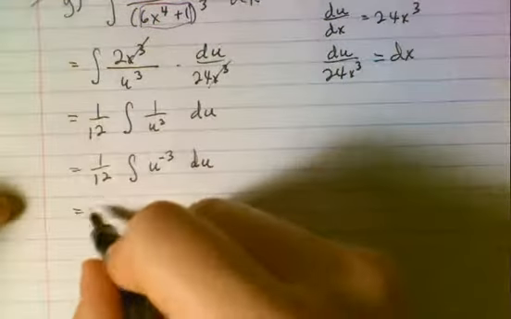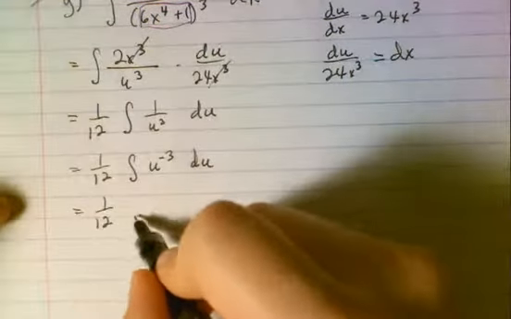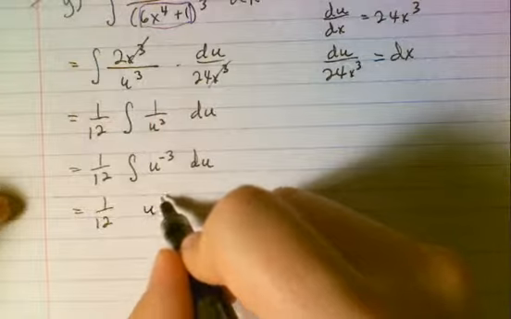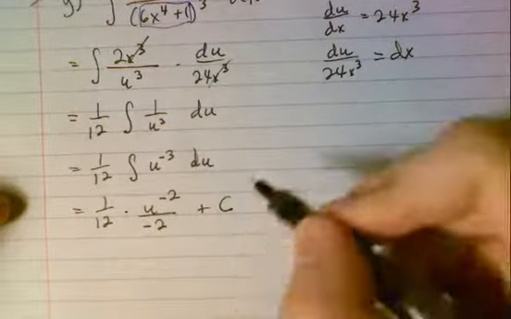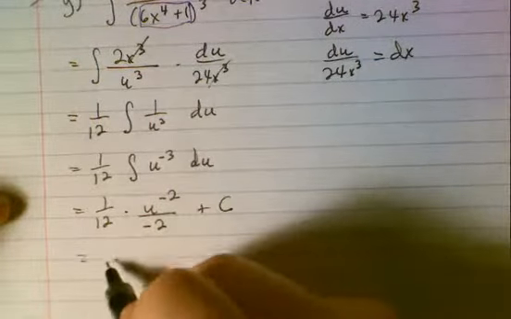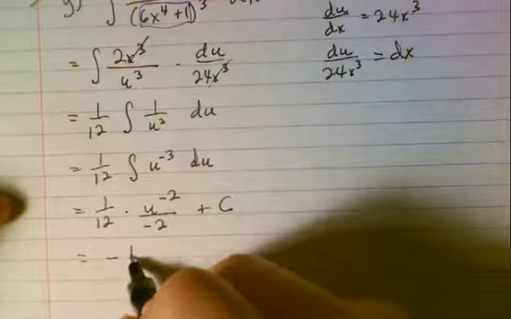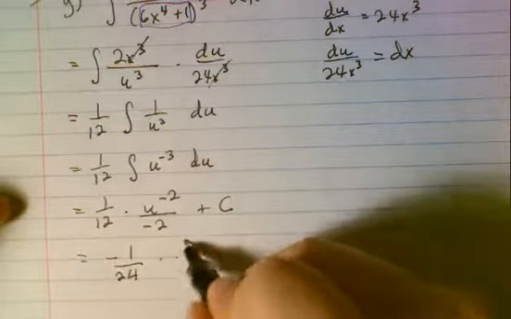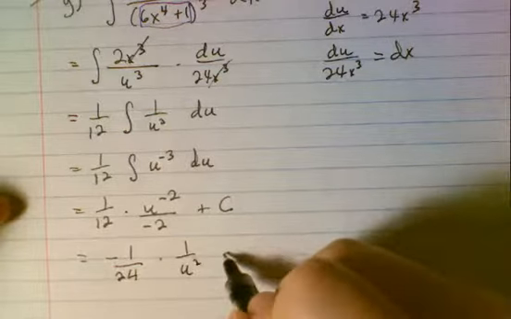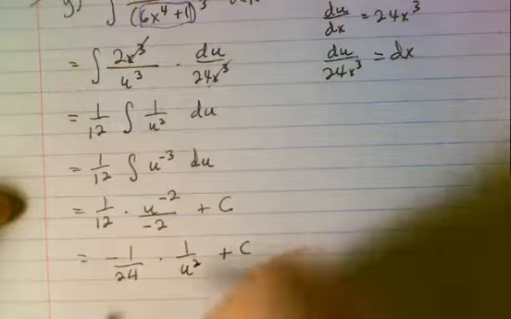We're going to add 1 to the exponent, divide by the new exponent, plus c. So this is negative 1 over 24 times 1 over u squared plus c.